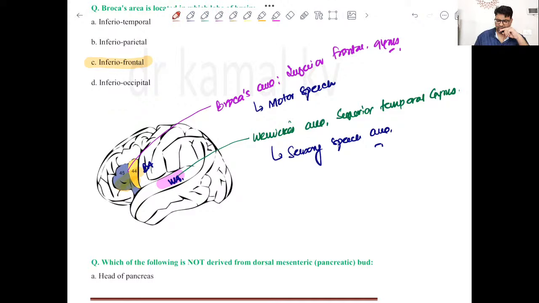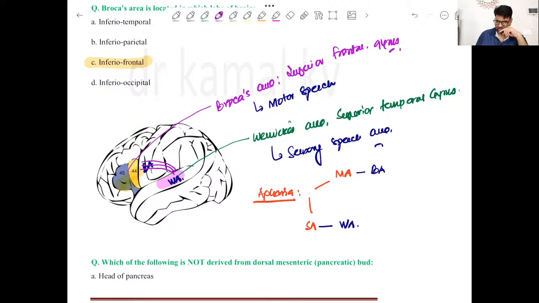And any disorder of language is known as aphasia, right? So aphasia can be motor aphasia, it can be sensory aphasia. In motor aphasia, there is affection of Broca's area. In sensory aphasia, there is involvement of Wernicke's area. Now, very good, very good. So arcuate fasciculus connecting both, yes. So I can draw the arcuate fasciculus.